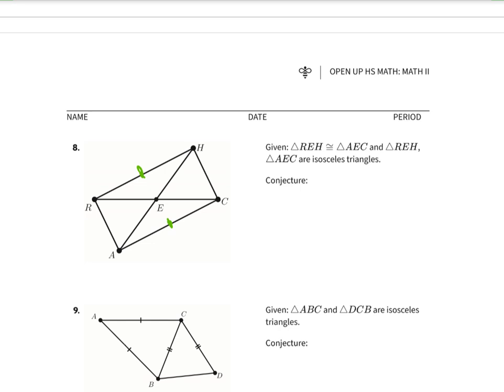Oh, and they're isosceles. So that means that these guys. All right, so we have isosceles. So that means that we have a diagonal. So the diagonals are congruent. Looks like.